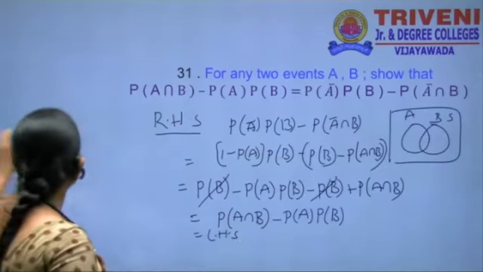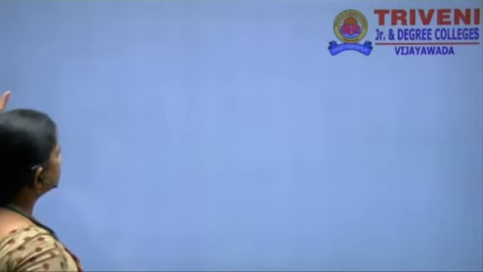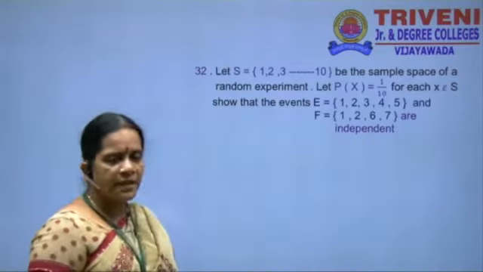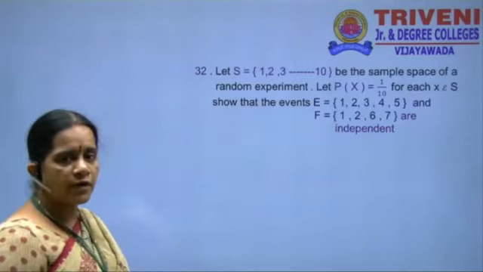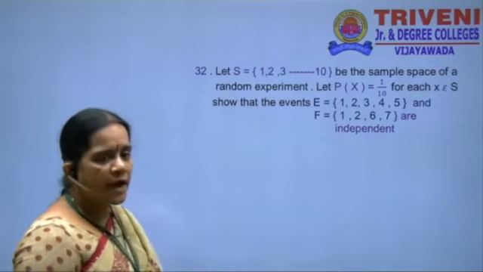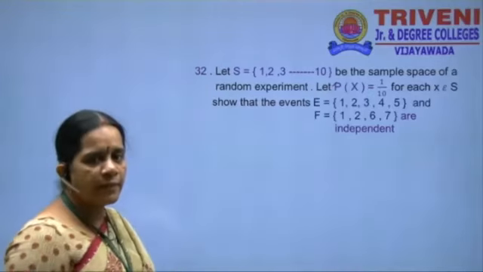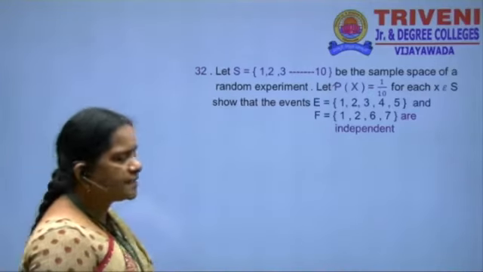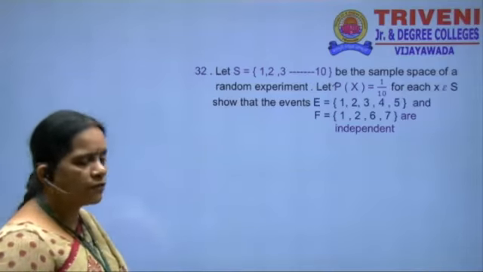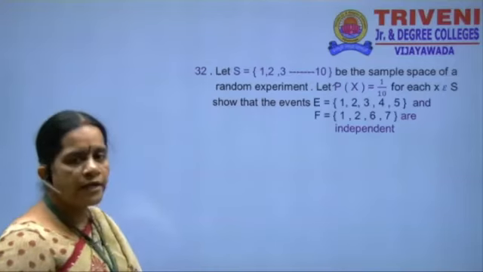Okay, and then we are going to the next one. Here S = {1, 2, 3, 4, and so on up to 10} is the sample space of a random experiment, and they gave P(x) = 1/10 for x belonging to S. Show that for each event, E has elements 1, 2, 3, 4, 5 and F has elements 1, 2, 6, 7, they are independent.